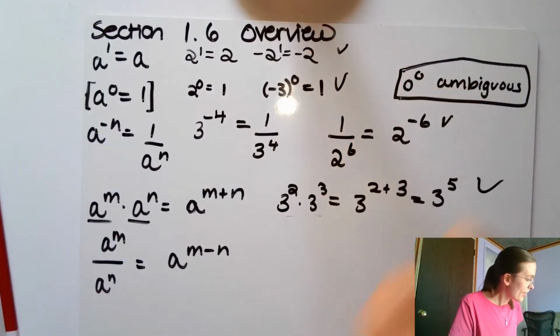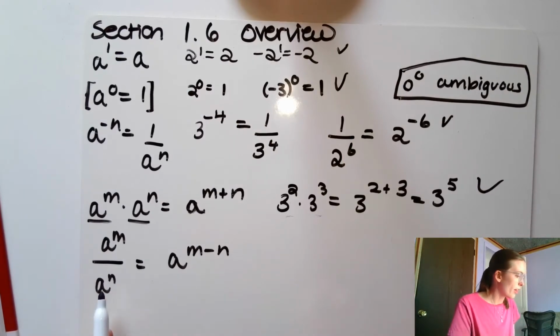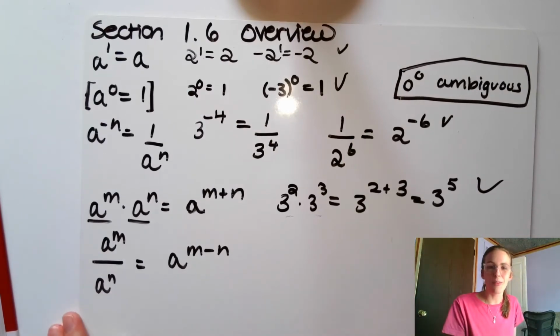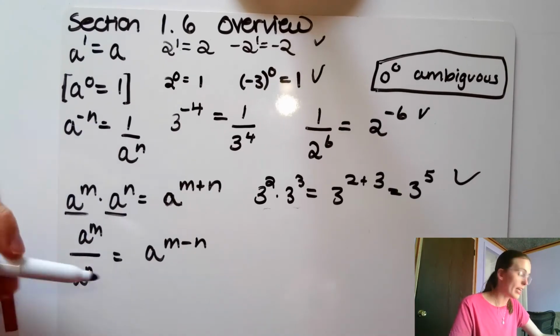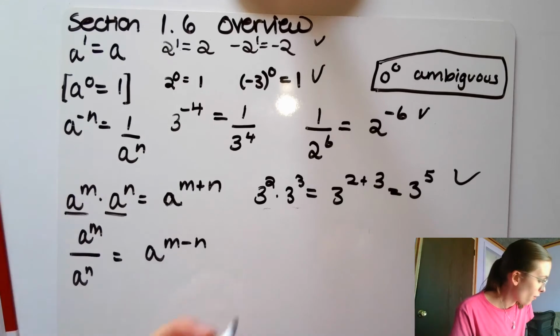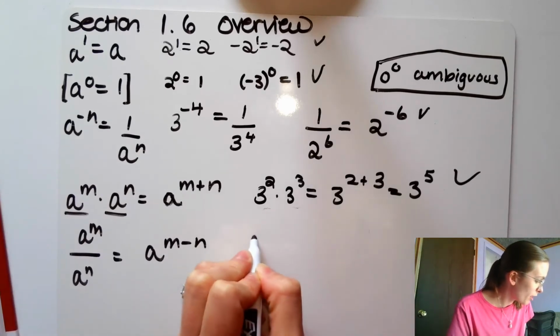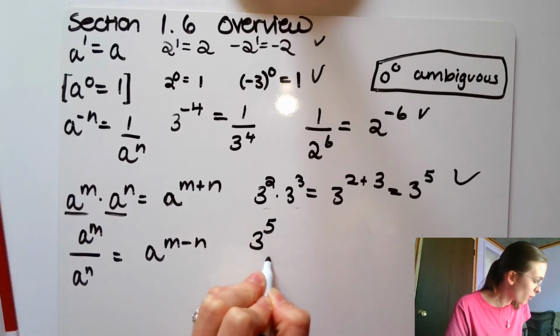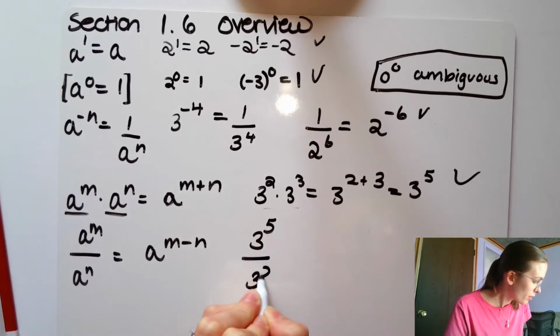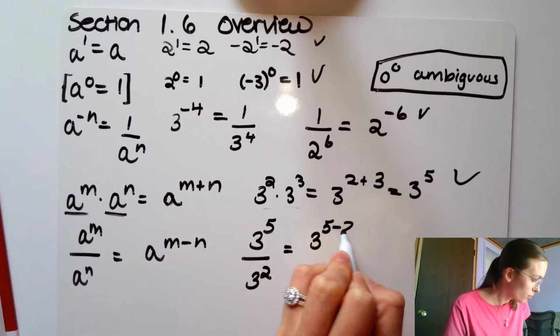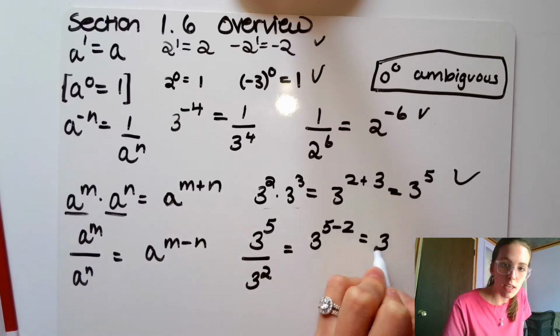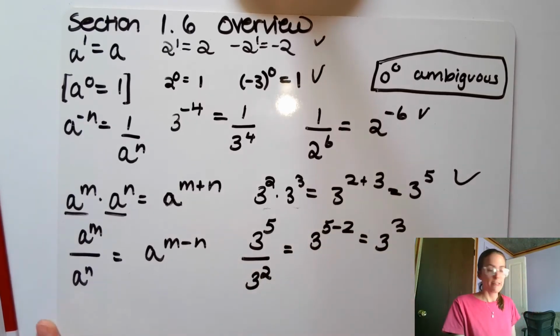Finally, we've got the quotient rule on this whiteboard. a to the m over a to the n equals a to the m minus n. So for example, 3 to the 5th over 3 squared equals 3 to the 5 minus 2, which equals 3 cubed.